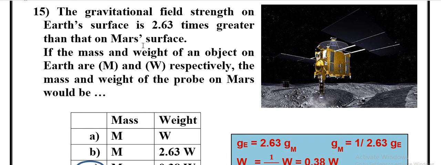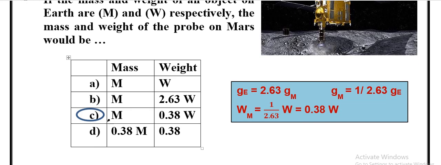Question number 15. The gravitational field strength on Earth's surface is 2.63 times greater than on the Mars surface. If the mass and weight on Earth are M and W, what will be the mass and weight on Mars? Mass will remain the same.